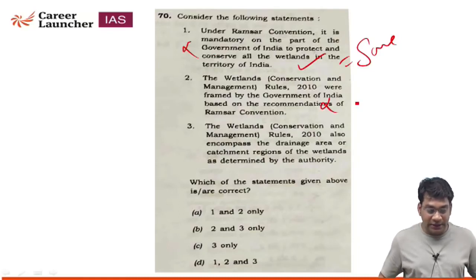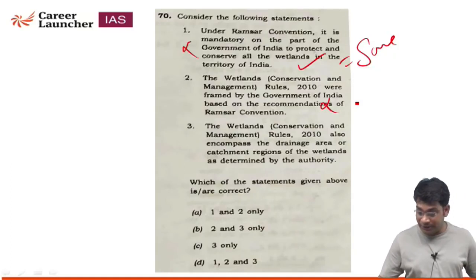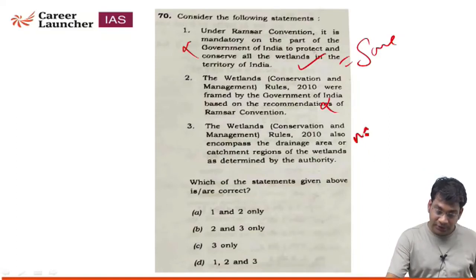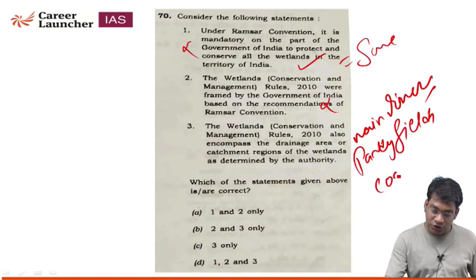And third, the Wetland Conservation and Management Rules 2010 also encompass the drainage area or catchment region of the wetland as determined by the authority. So option number 3 is correct, as wetland includes everything apart from the main river, paddy fields and coastal wetland.